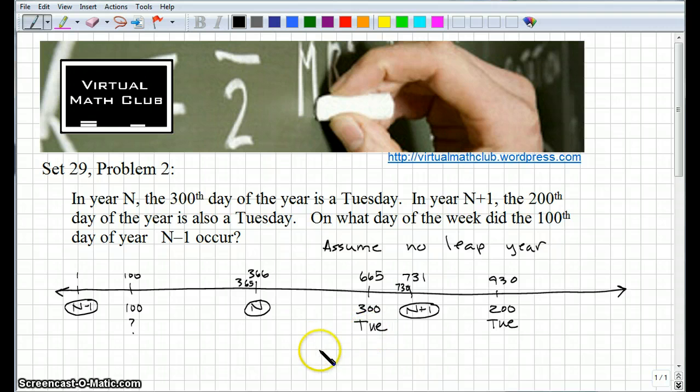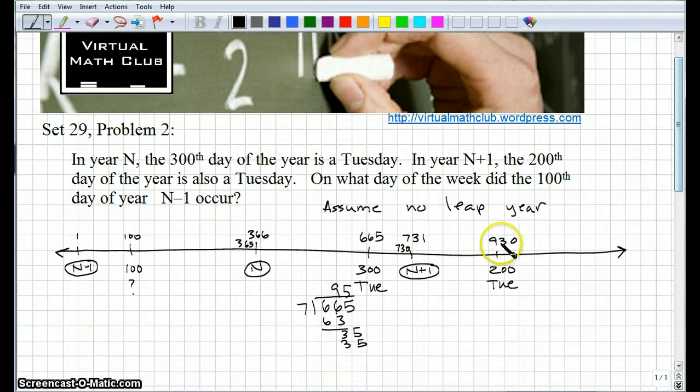Okay, so if we take 665 and we divide it by 7, then let's see, 63, 35, 5, 35, and you can see that here we have a remainder of 0. Remainder of 0. So it looks like if we have a remainder of 0, then it's a Tuesday, okay?